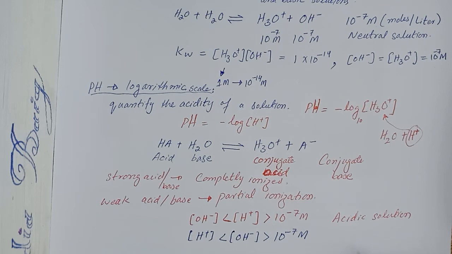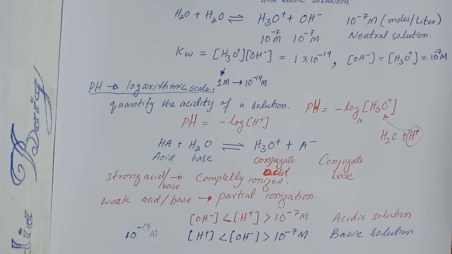Similarly, for a basic solution, the concentration of the hydroxide ion is greater than 10 to the power minus 7 molar, but the concentration of the proton is less than the concentration of hydroxide ion, and overall the product of the concentrations of the proton and hydroxide ion must be equal to 10 to the power minus 14.